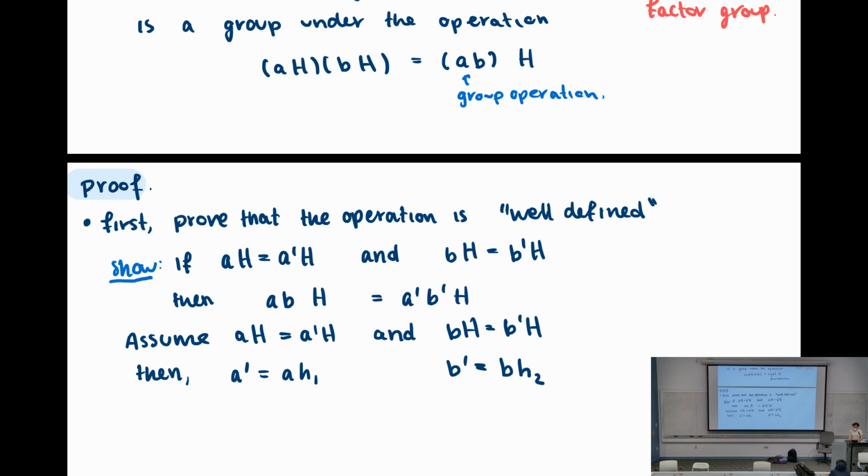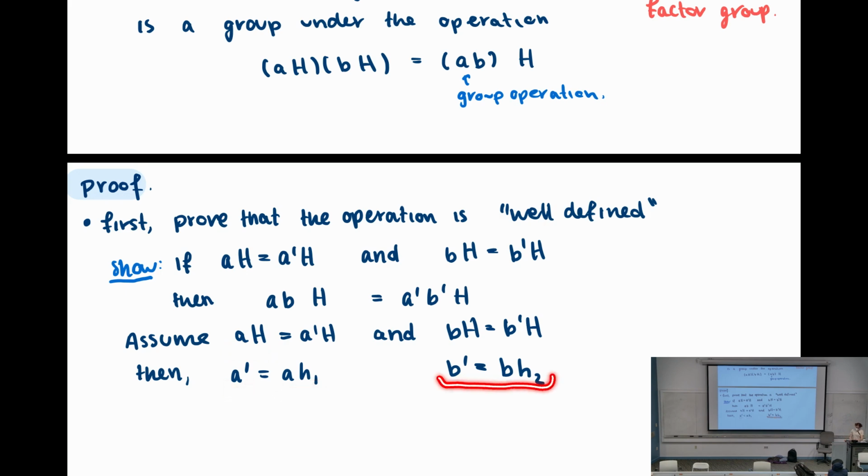Okay, why is this? Because since these two sets are equal, I could look at a times the identity, say, and this has to be an element of this set. Or rather, I'll do this in the other direction. So a prime times the identity is an element of this set, so it also has to be an element of this set. So there exists an h1 such that a h1 is equal to a prime.